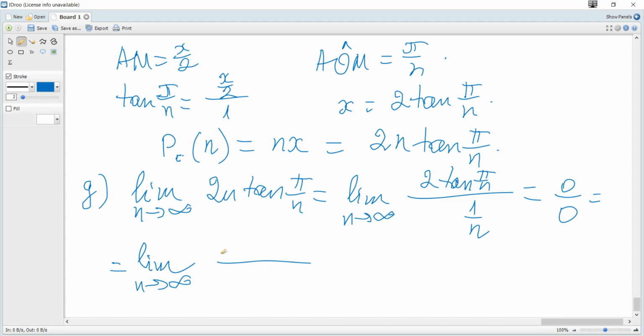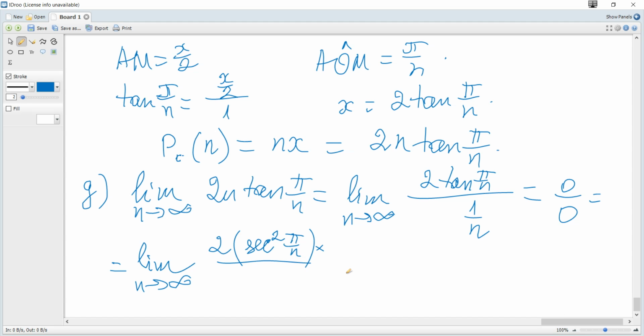The derivative of a tangent is secant squared, but since it's a more complicated argument, we should apply the chain rule. The derivative of tangent x in general is secant squared, so it becomes secant squared, keeping the same argument pi over n, multiplied by the derivative of the argument pi over n with respect to n.